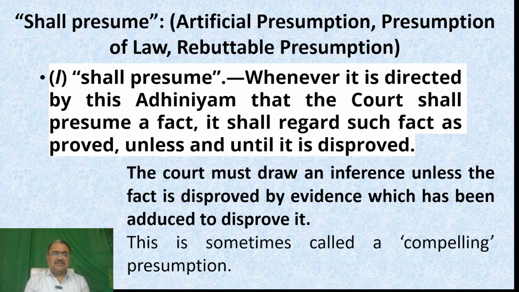Law says the court shall presume there was no consent. Why will the court draw presumptions? The girl's statement may be true, may not be true. But here the court has no discretion. It is an obligation on the court, mandatorily, to presume that there was no consent.